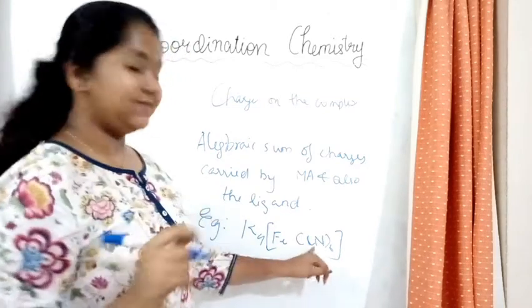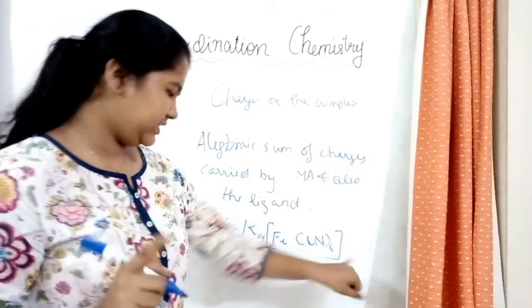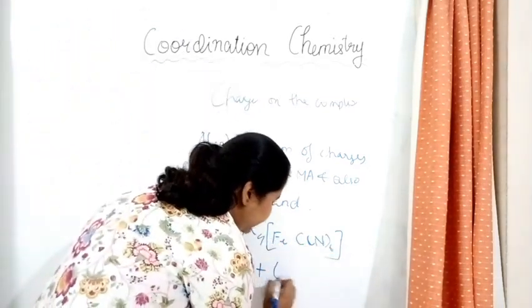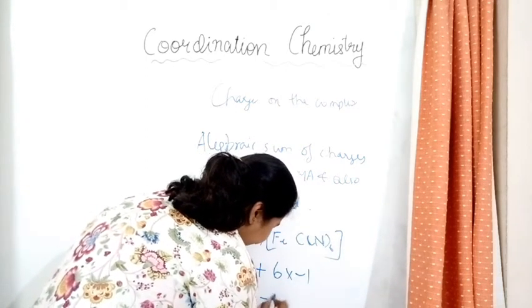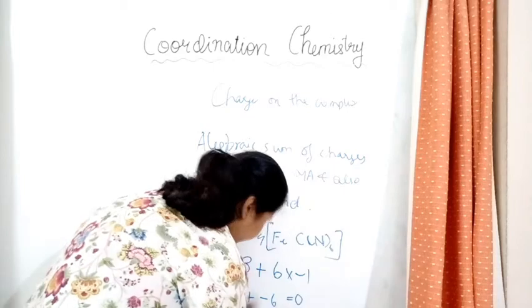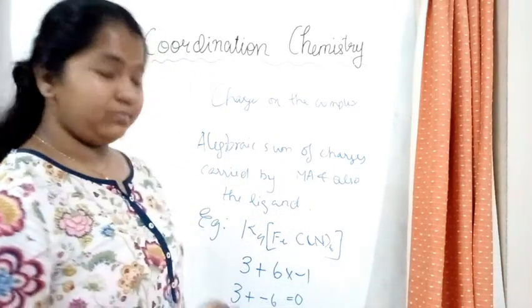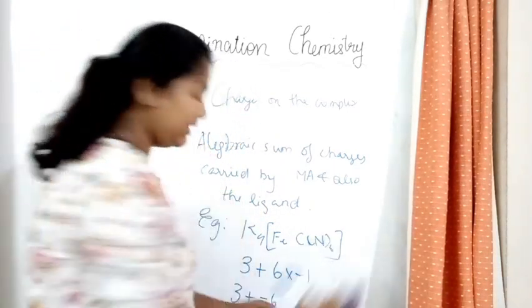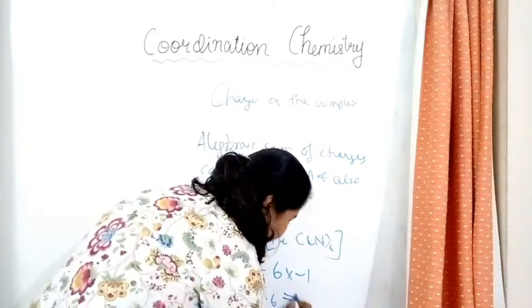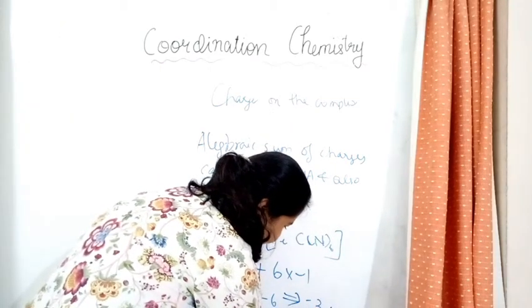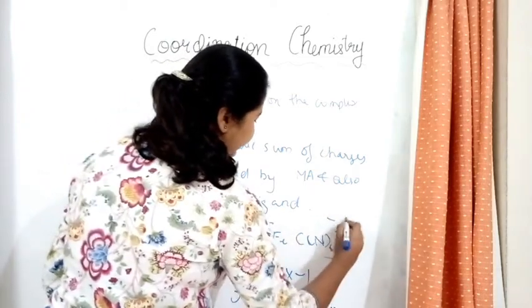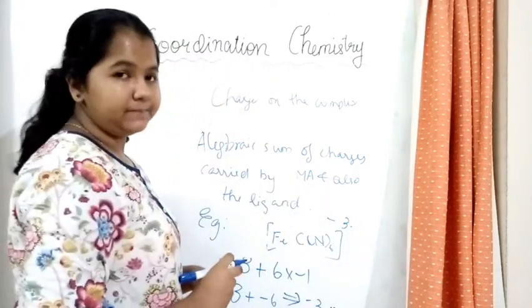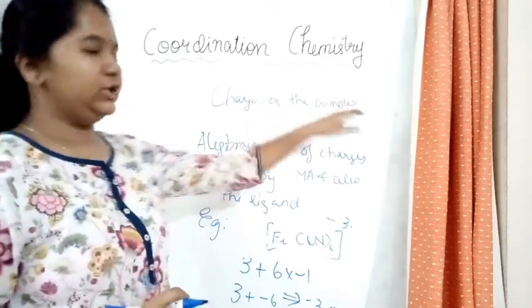And what is the charge of CN? That is minus 1 into 6. So 3 plus minus 6. So this implies what is the answer? That is minus 3. So the charge carried by this complex is minus 3. That is the charge on the complex.